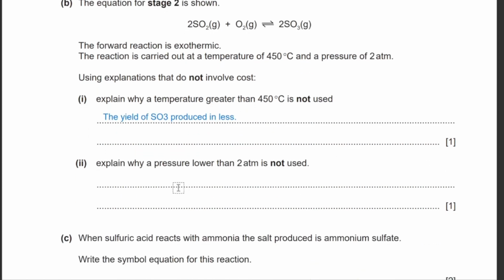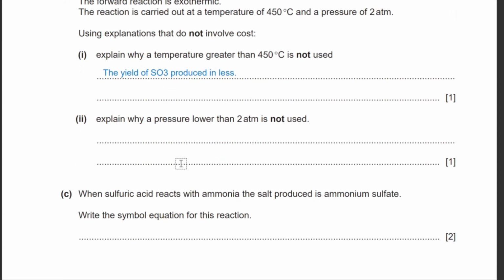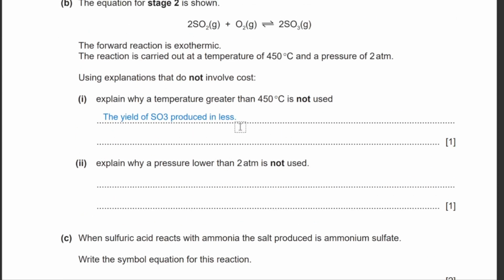Coming to part 2, explain why pressure lower than 2 atm is not used. That's because when you increase the pressure, the equilibrium shifts to the side of the reaction which has fewer molecules. However, when you decrease the pressure, the equilibrium shifts to the side which has more molecules.